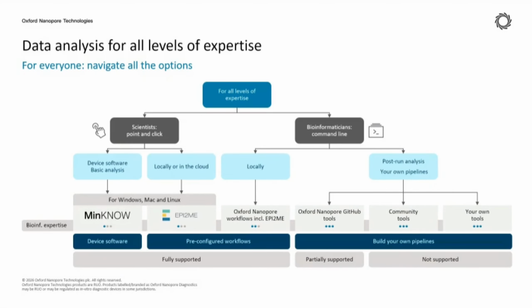So for users who would like to use those bioinformatics tools, they can get them quite easily from public repositories. The ones developed by ONT are fully supported by ONT, and the bioinformatics tools developed by the community will normally also be supported by the community or the developers' team.